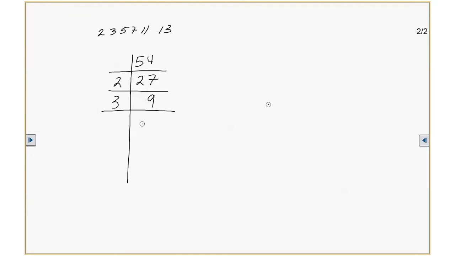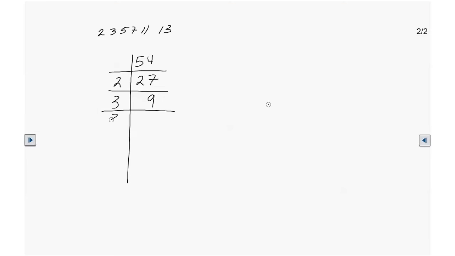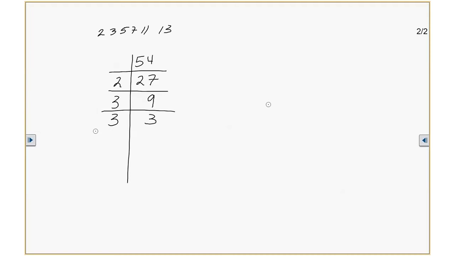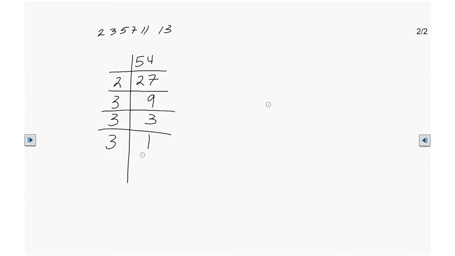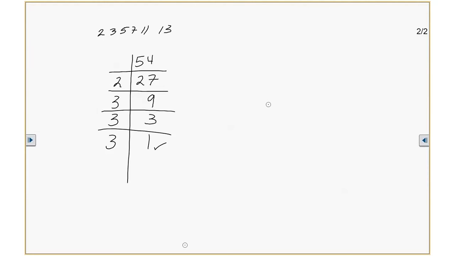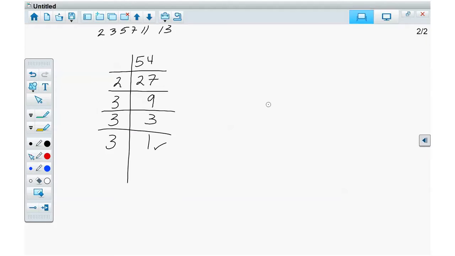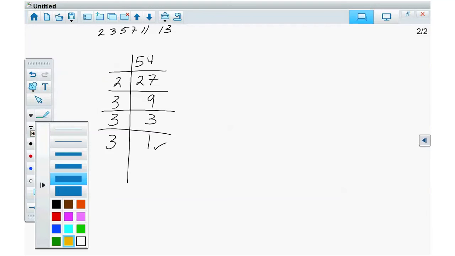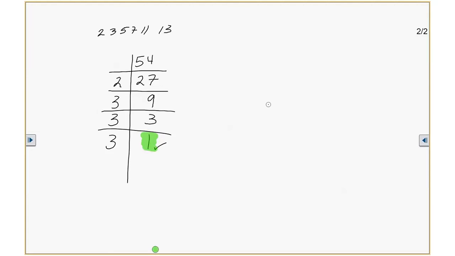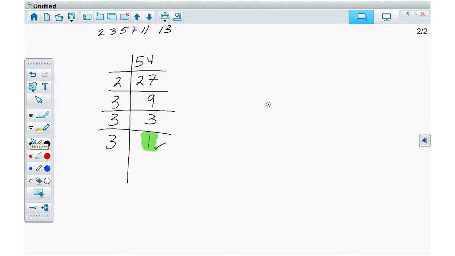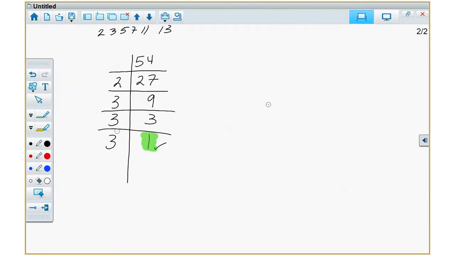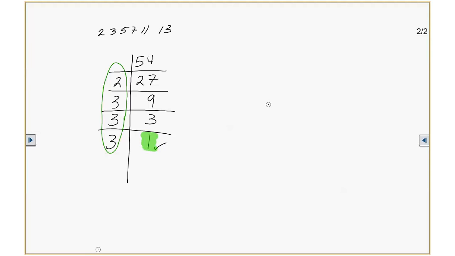And what's 9 divisible by? 3 and 3. When you see that 1, that means, hey, I'm finished. So you take the handy dandy green highlighter, and you mark that 1 right there, and you say, hey, I'm finished. And when you mark that in green, the numbers in green are the prime factorization.